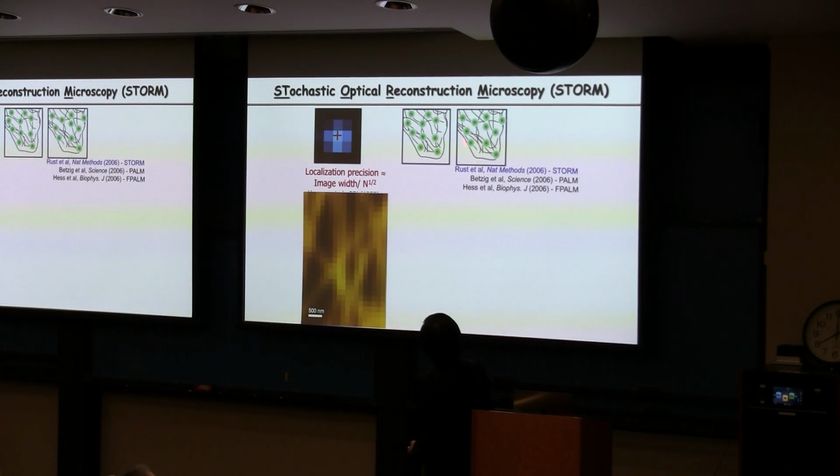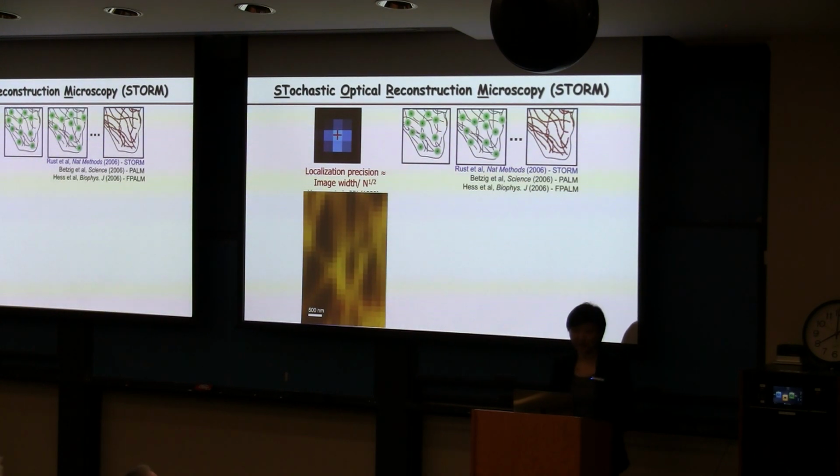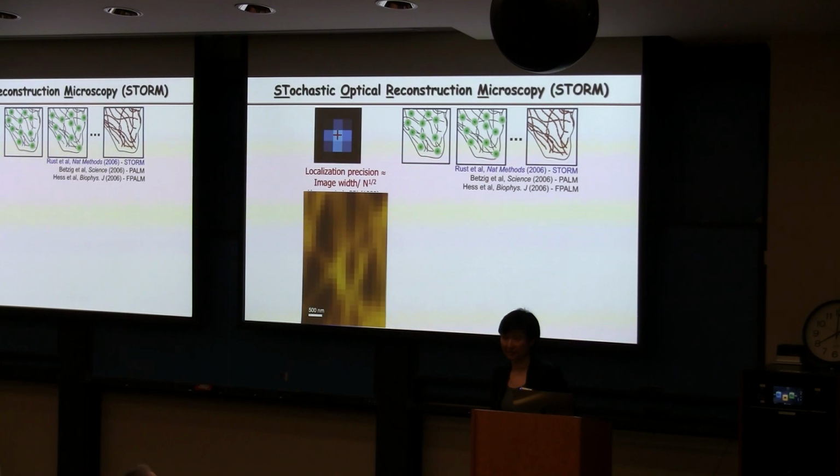Then you turn these off, turn on a different subset, pinpoint their center positions, and iterate this thousands, if not tens of thousands of times until you have determined all the molecular positions in your field of view. Then when you put all the positions together, you can reconstruct what we call a super-resolution image. And that image resolution is no longer diffraction limited, meaning not limited by the width of these single molecule images, but by how precisely you can localize them.